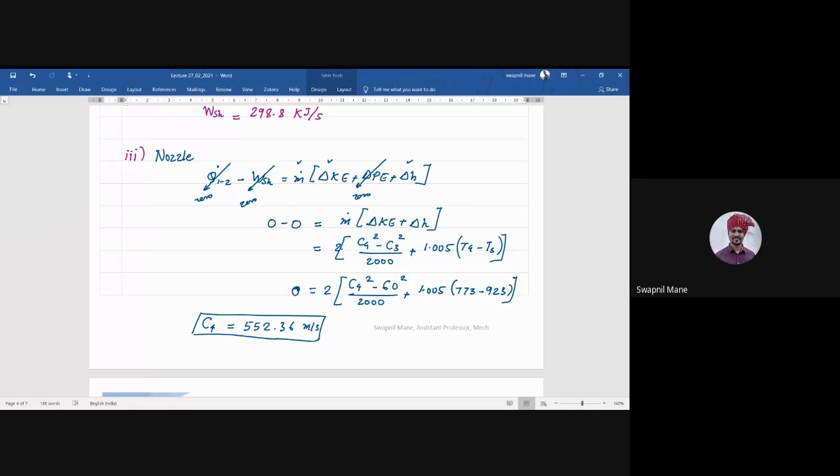So the value of exit velocity from the nozzle is 552.36 meter per second.